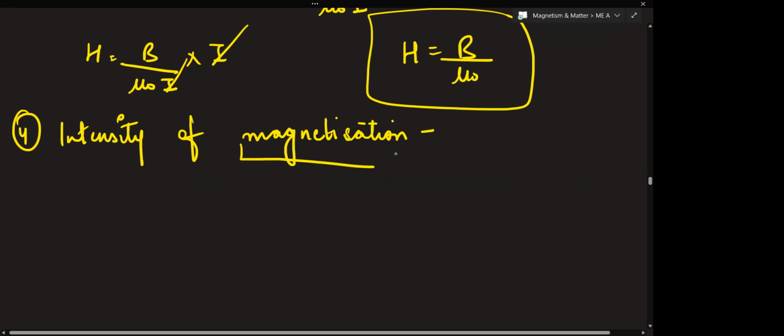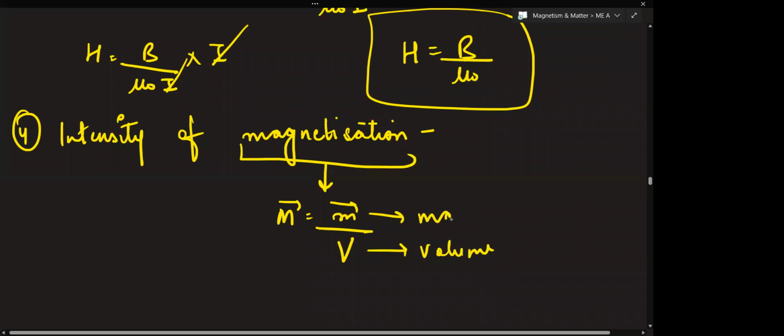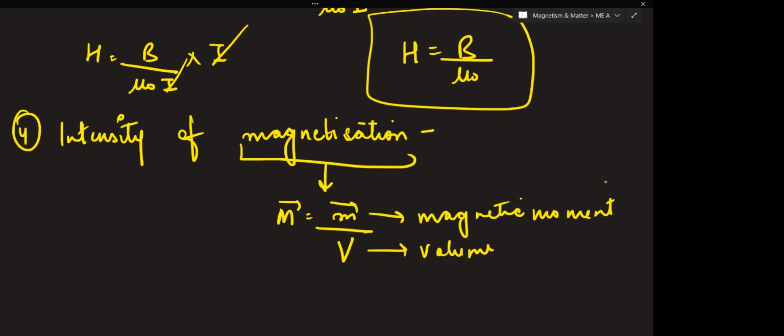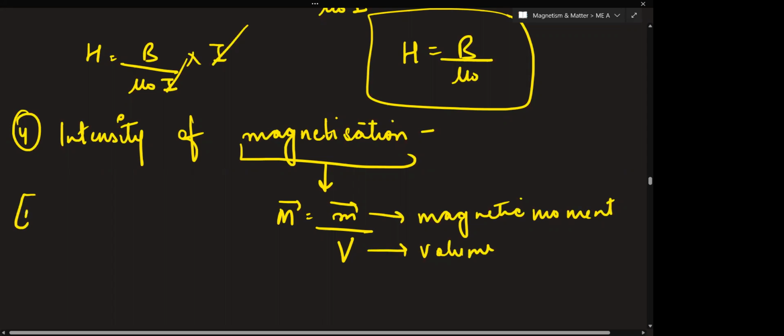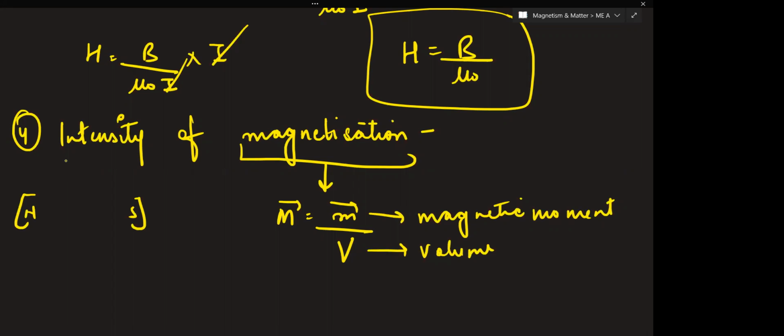So when you write the term magnetization, it simply means magnetic moment per unit volume. V is the volume, M is the magnetic moment. The intensity of magnetization is basically the pole strength. Poles we have done, north pole is there, south pole is there. The strength of these poles developed for a unit area of cross section, we call it the intensity of magnetization.